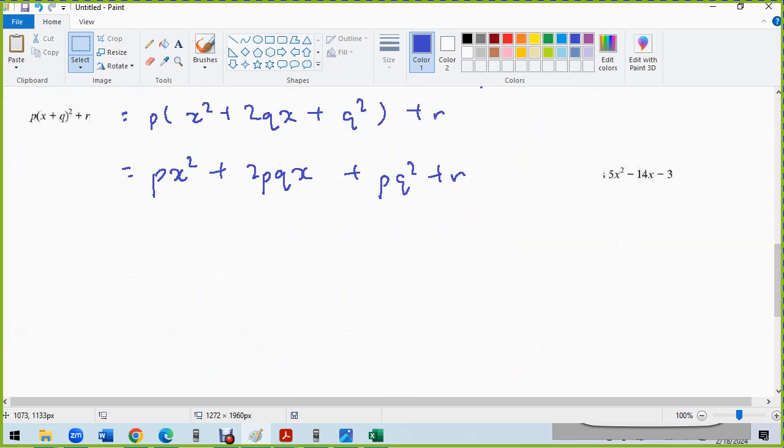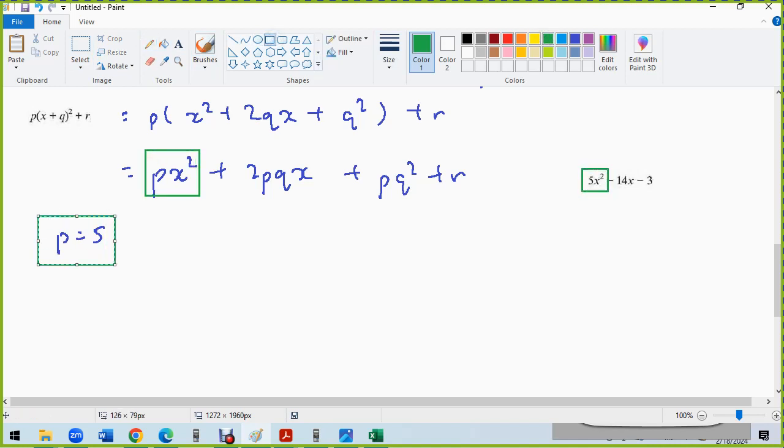So we compare. The coefficient of x squared gives p equal to 5. Then 2 times 5 times q equals negative 14, so q is negative 14 over 10. This is the coefficient for x.